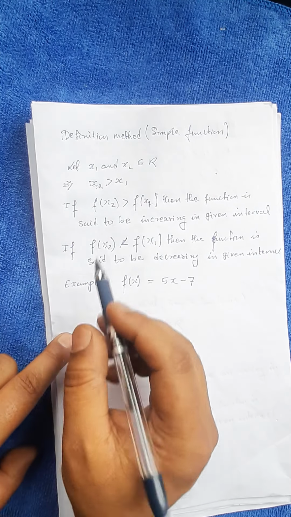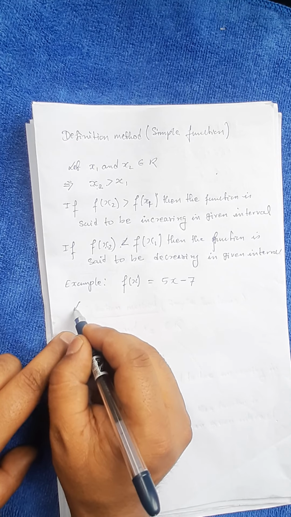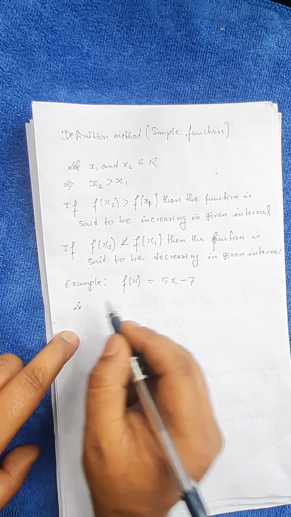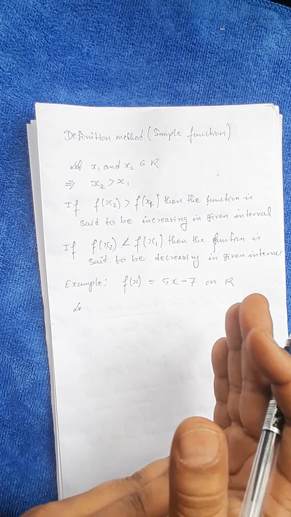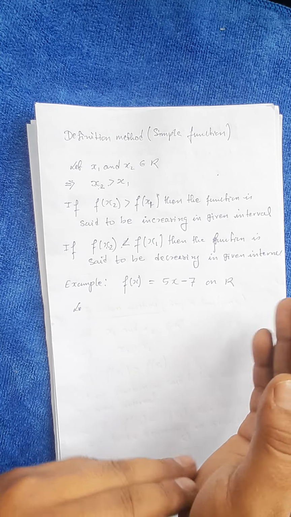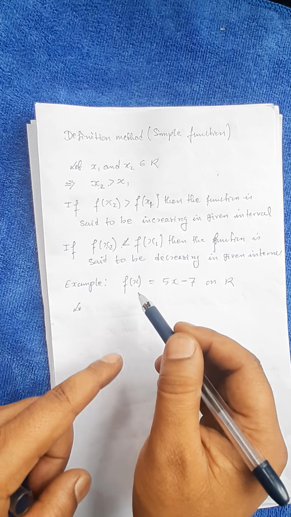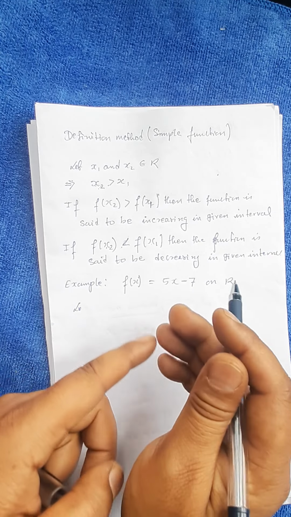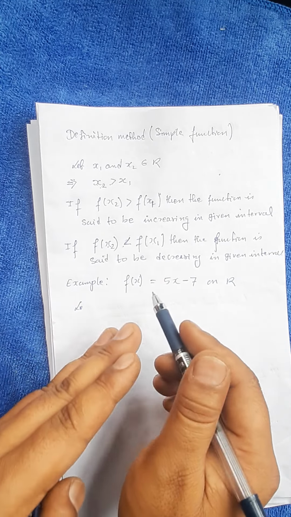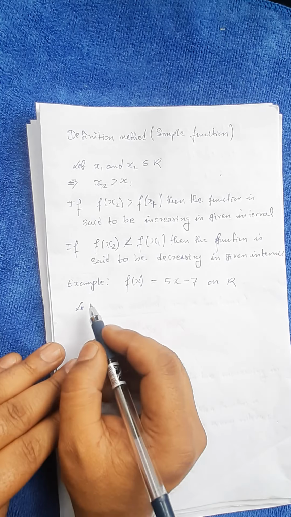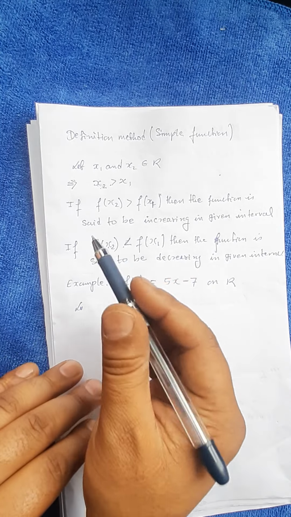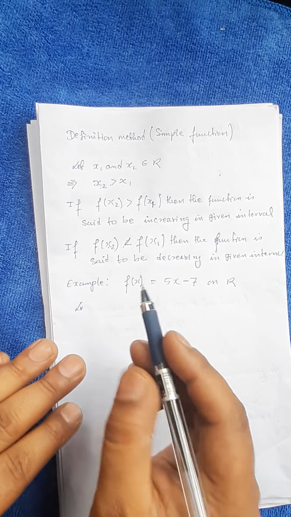Now according to the procedure, let me consider it on R. The question asks to check whether the function is increasing or decreasing on the real numbers. I am not writing the question here, I am just writing the function. Remember, the question asks to check whether the function is increasing or decreasing on R. To apply this method, we consider 2 points.